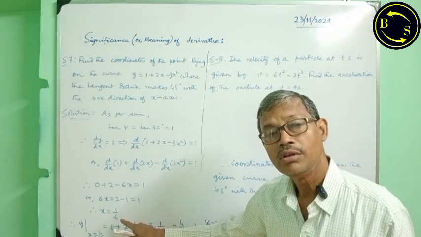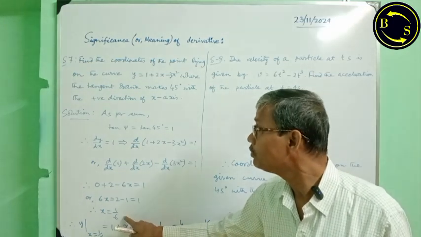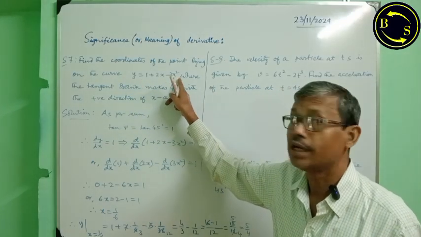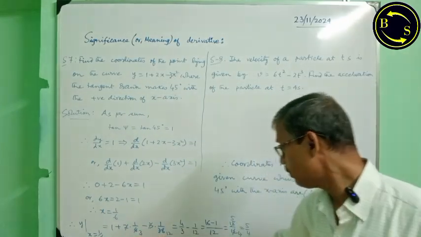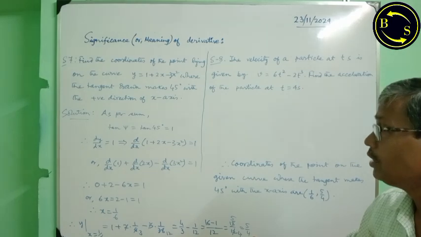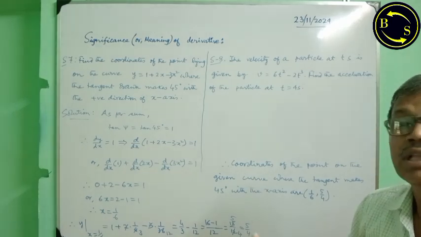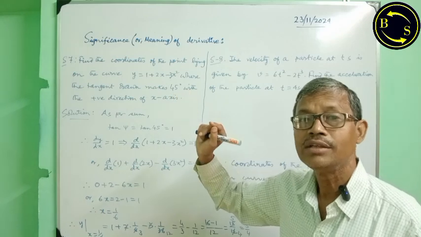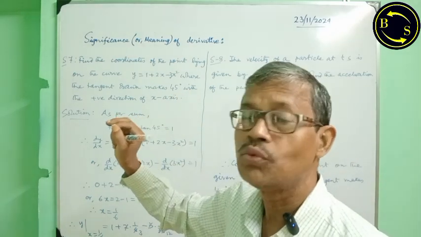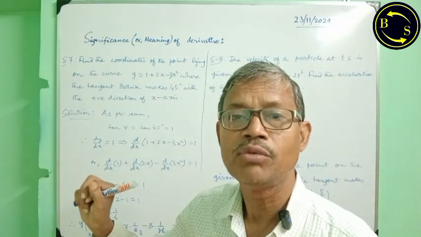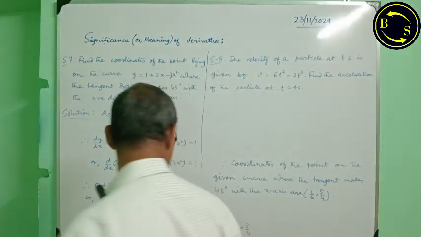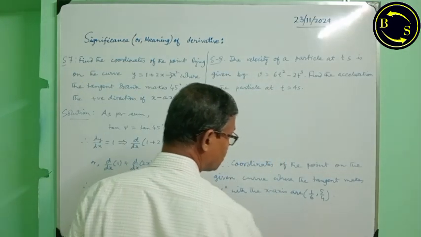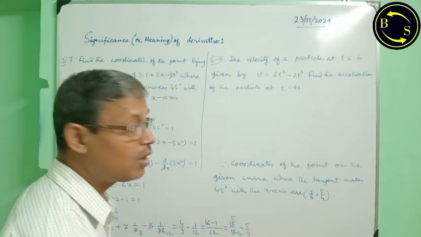Now for getting the value of y, we have to put this value here, and I have put the value and obtained this value. Therefore, coordinates of the point on this curve where the tangent drawn will make angle 45 degree with the x-axis is this one. Therefore, the sum is solved.